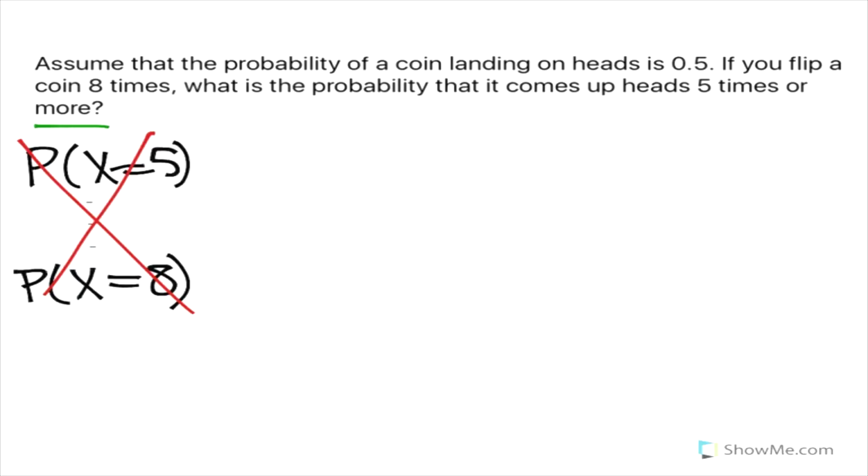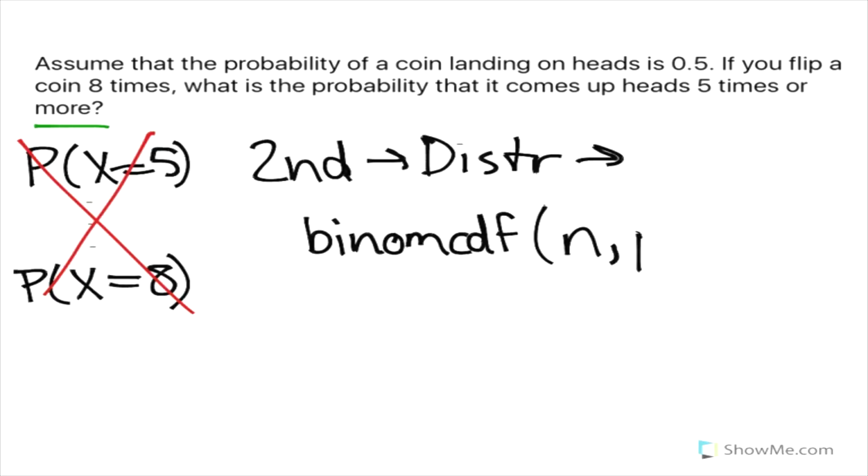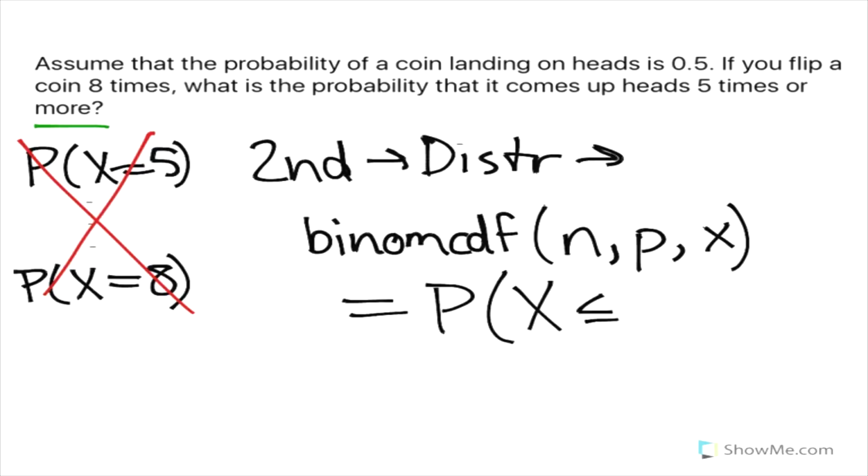So on a TI-83 graphing calculator, you press second, go to distribution, and then you scroll down, choose binomial CDF, and you type in n, your sample size, p, the probability of a success, and a certain x value, and this tells you the probability that your data is less than or equal to that x value.